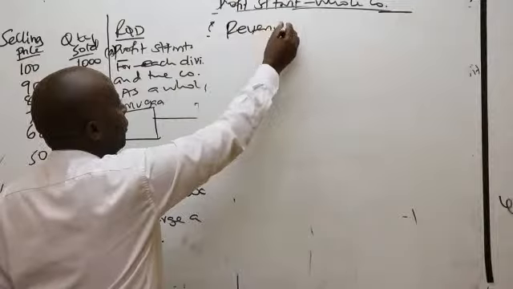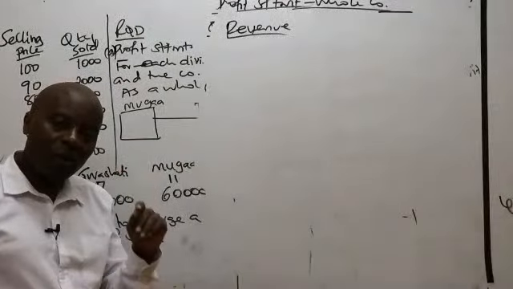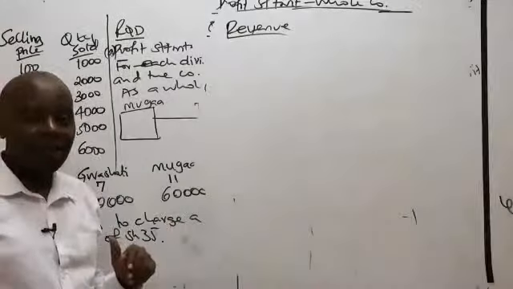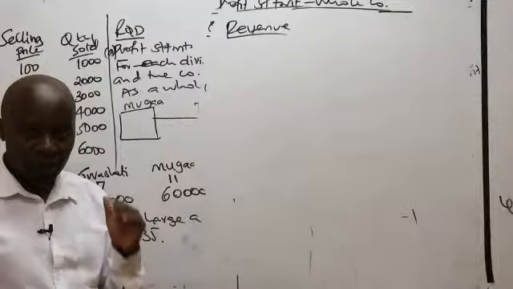Revenue of the whole company. I would want a good student to give us the very first revenue amount of the whole company if we're to follow the consolidation process.